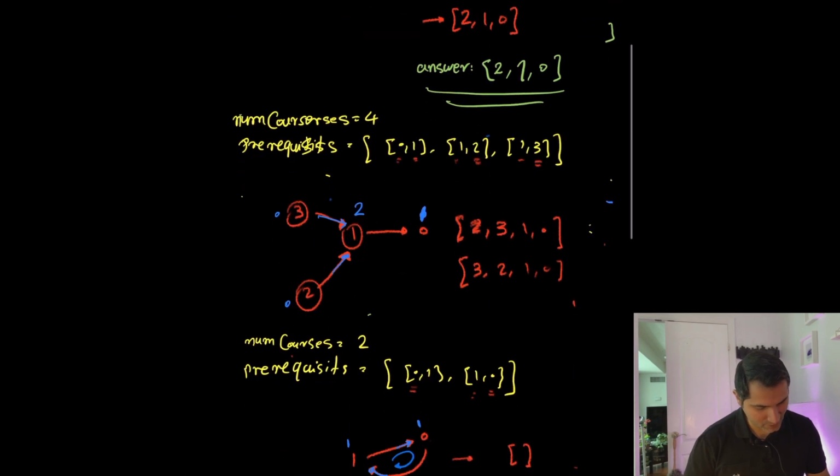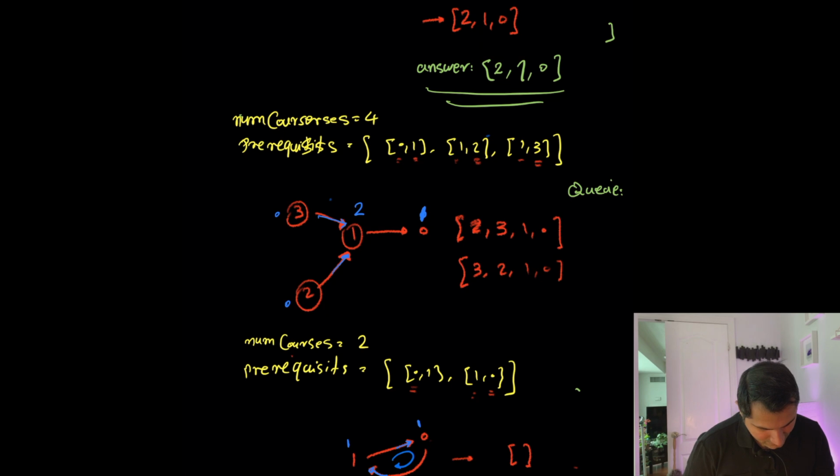So what about this one? Again, I have a queue. I calculate the in degree of my nodes, and then I add the nodes that have 0 in degree. So there are 2, 3 and 2. Okay, now I pick one of them. So pick 3. I add it to my answer.